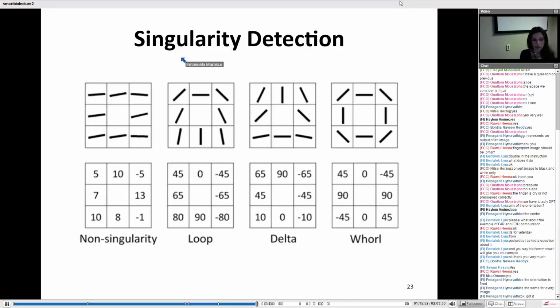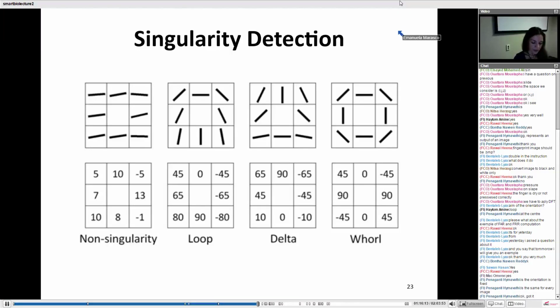So we need to apply the formula. And for this, I need your help. So I want you to help me with the computation. We consider the first case, not singularity. So we apply the formula that we saw before.